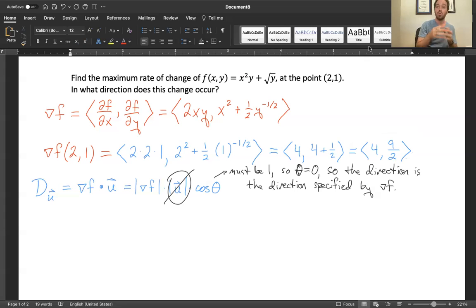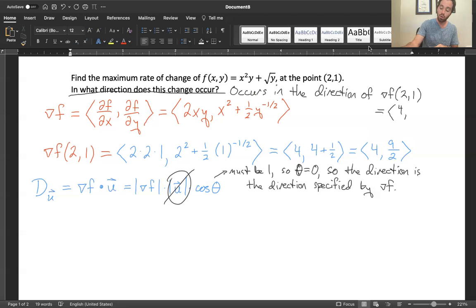So we set u to be equal to the gradient. So in what direction does this change occur? It occurs in the direction of gradient of f evaluated at (2, 1), which of course we just calculated to be (4, 9/2).